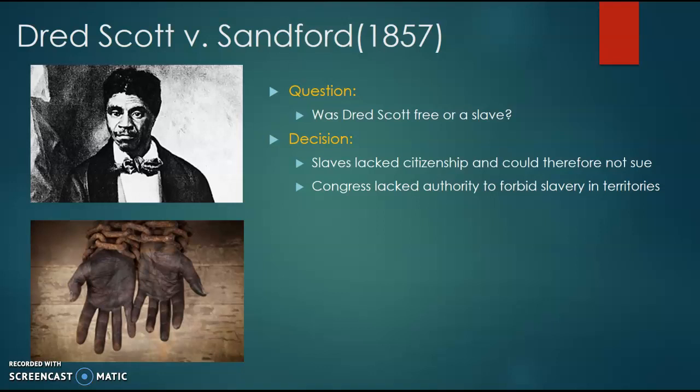And so Dred Scott sued for his freedom, arguing, hey, I lived in Illinois, therefore I am not a slave, I am a free man. Slavery is illegal in that state.